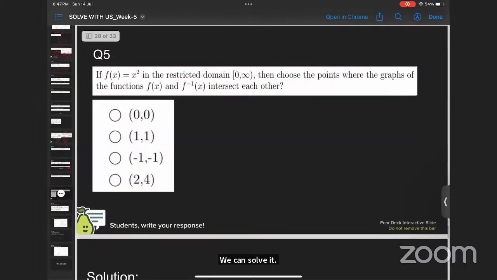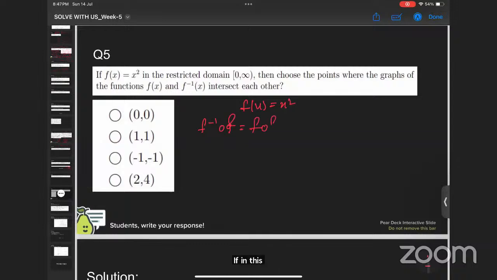If we have our function f(x), then we can calculate f inverse x, right? So you know, f inverse composed with f equals f composed with f inverse, which is our identity function. You know that already. So here we want to calculate f inverse x.